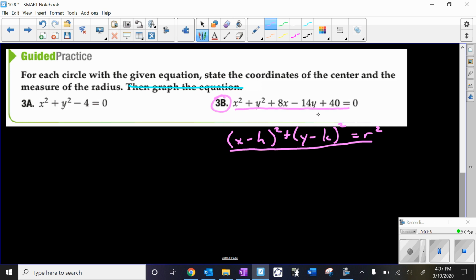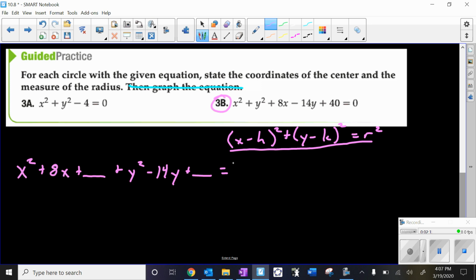So I'm going to rewrite my terms a little bit. I'm going to get my x's together and my y's together. I have x squared plus 8x, and then I leave a space, knowing I need to fill that space later. Plus y squared minus 14y, and I leave another space, and then equals.